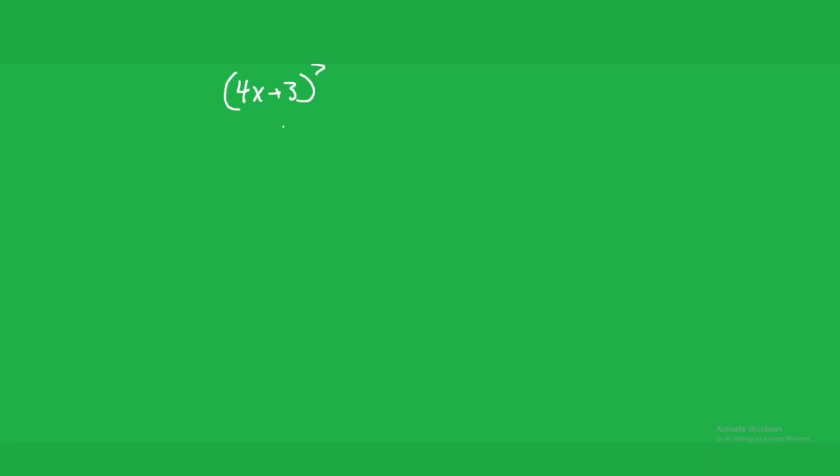Now I can write this in composites. I can say u to the seventh is equal to y, and I can say u is equal to 4x plus 3, right? I'm just breaking this function into pieces. U is equal to this, so I could plug this back in whenever I want.